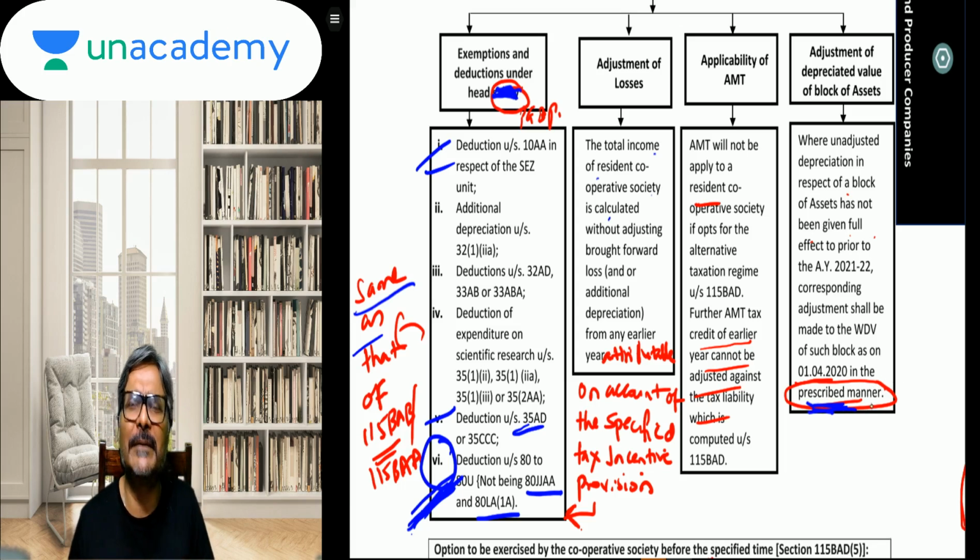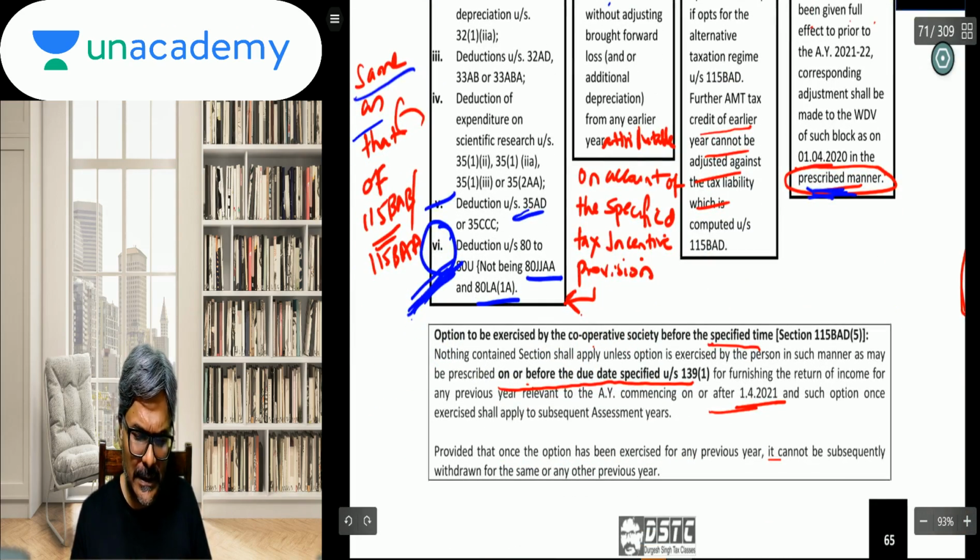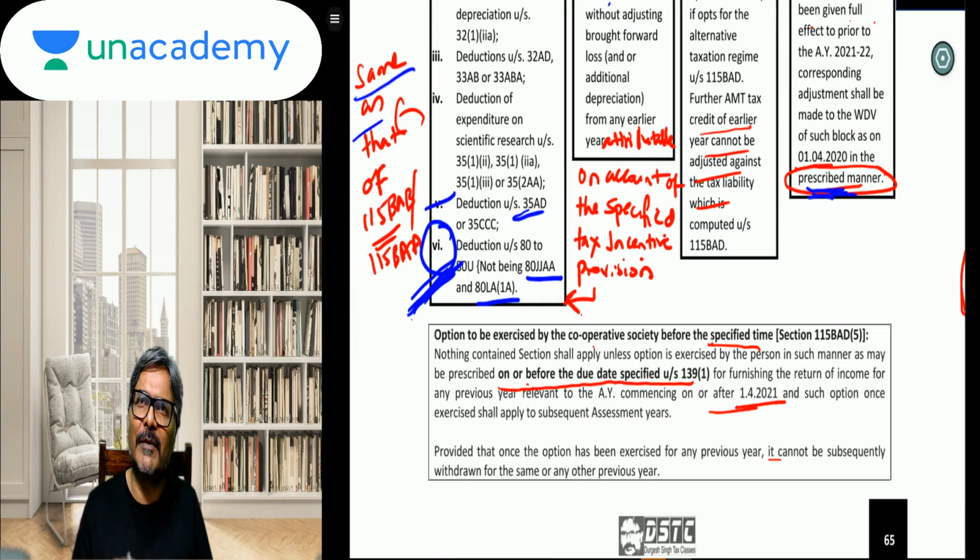So we will see whenever this rule gets notified at that time. The option, students, has to be exercised again at the time of filing of the return of income.